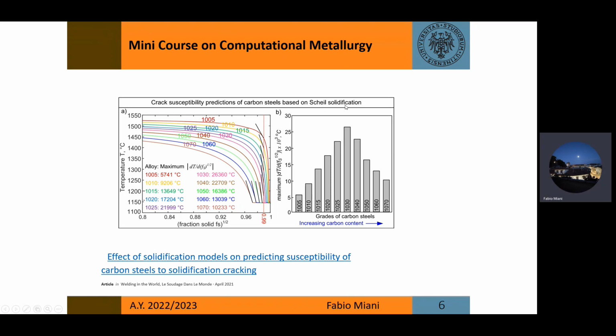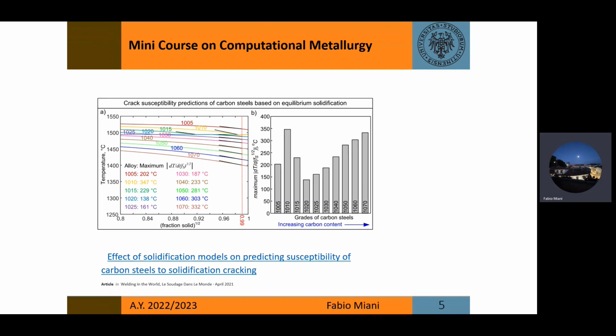What does it mean in simple words, just very quickly? When you have the Scheil model, once the atoms and the phases are solidified, you will not have any sort of diffusion in the solid state. So you see that those curves are different. Basically, they have the square root of the solid fraction here, but never mind, we will arrive to that.